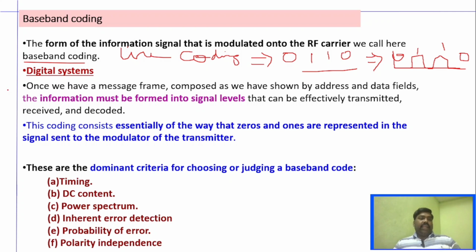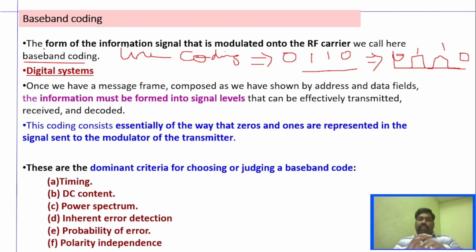And as I said, every message will have its own fields. That is, you have a data field, you will have an address field, where in the address field you will have information regarding source address, destination address, and then you'll have the original data, and then you'll have bits to correct errors.